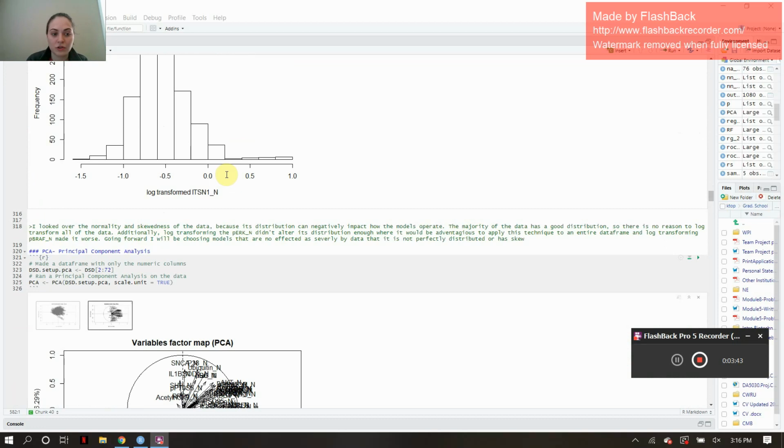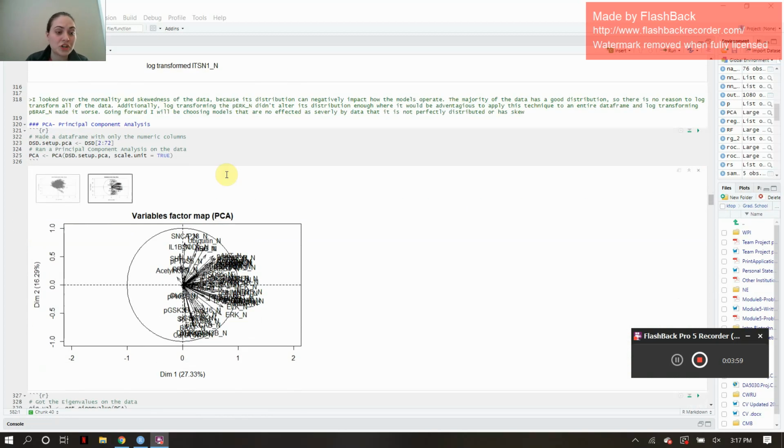So I didn't apply log transformations across the entire data set because it wasn't advantageous to do so. Instead, I chose models that wouldn't be negatively affected if the data didn't have a perfect normal distribution.